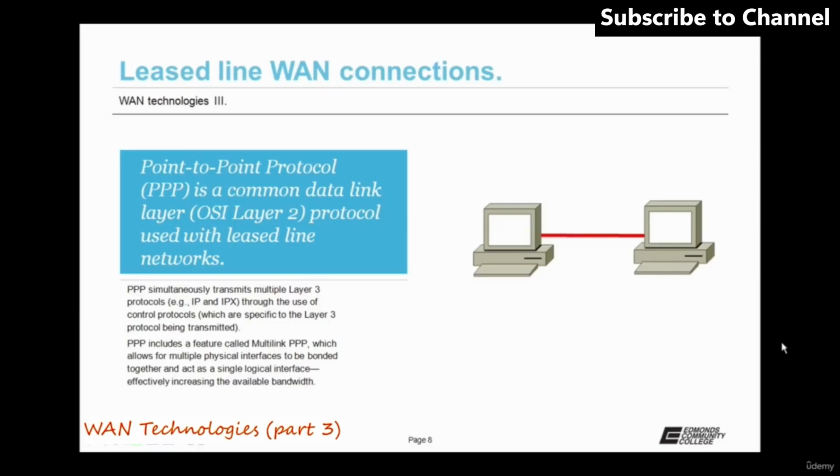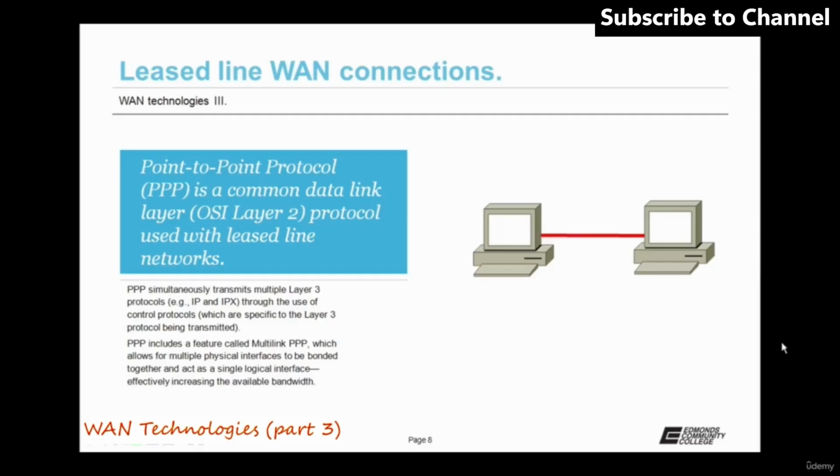It is a common data link layer, or layer 2, protocol that's used with leased line networks. PPP can simultaneously transmit multiple layer 3 protocols. It can transmit IP and IPX and AppleTalk all at the same time through the use of control protocols, which are actually specific to the layer 3 protocol that's being transmitted.